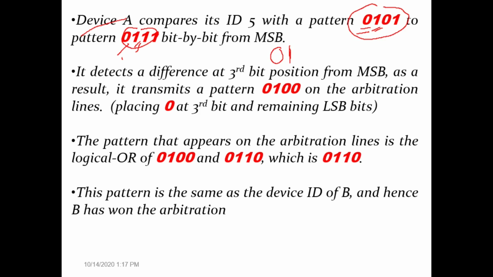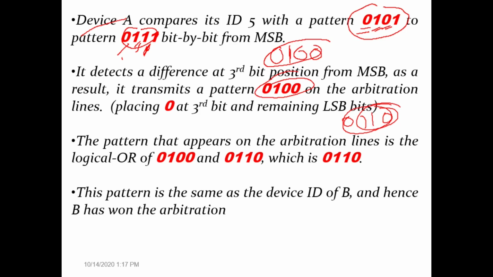Then for the third bit, the received bit is 1 but the original ID bit is 0, so that bit and all remaining bits are made 0. So this is the new ID calculated by device 5. Similarly, device 6 also calculates its new ID, that is 0, 1, 1, 0.